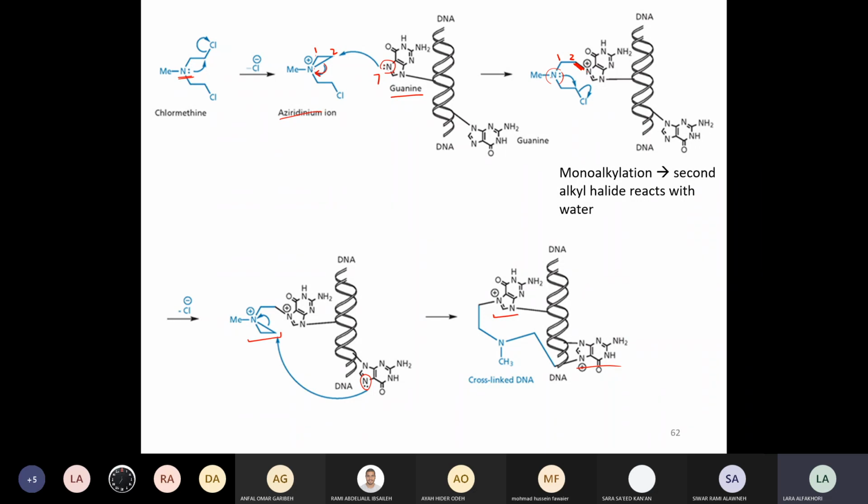And sometimes in some cancer types they inject the drug directly in the vicinity of the solid tumor, to reduce as much as possible the exposure of the alkylating agent to water, because as I have mentioned, the aziridinium ion formed is very reactive and can react with anything nucleophilic, such as for instance water, which is considered a weak nucleophile.